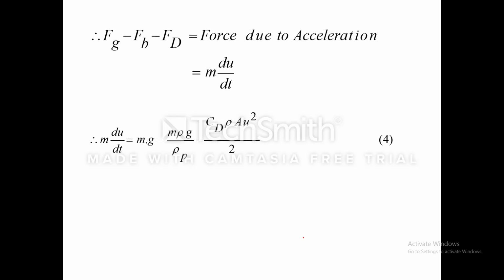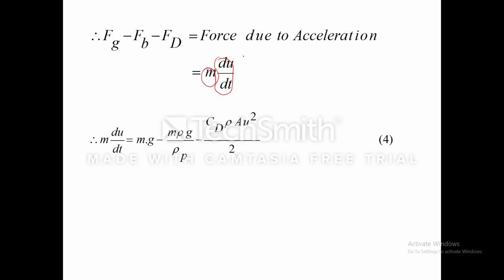So Fg minus Fd equals the force due to acceleration, equal to m du over dt. Here m is the mass, and du over dt is the acceleration, which is the variation of velocity with time.